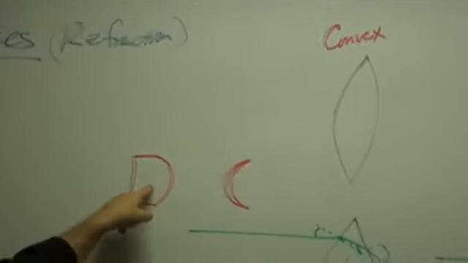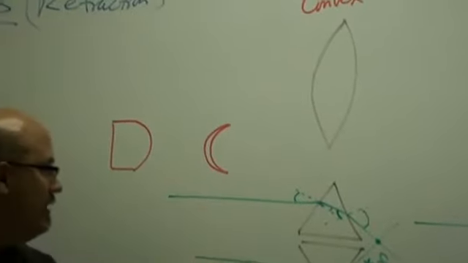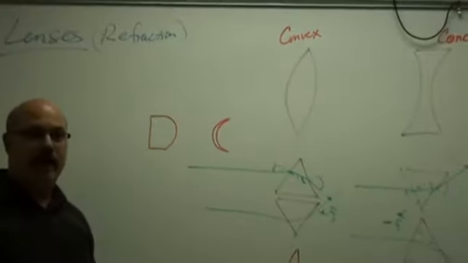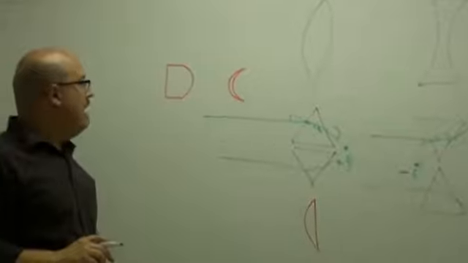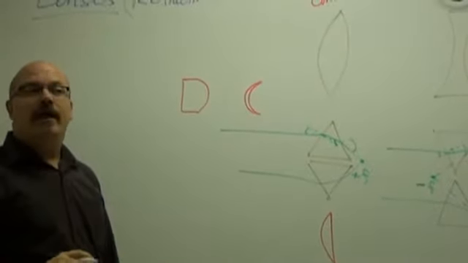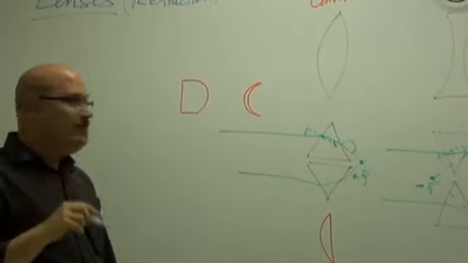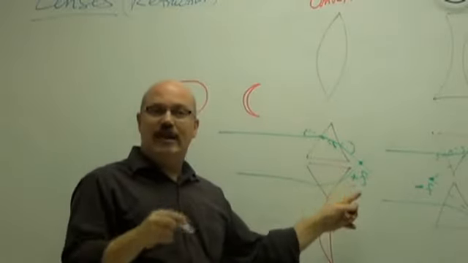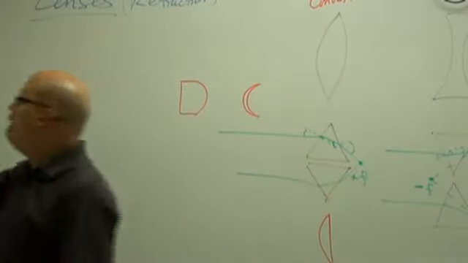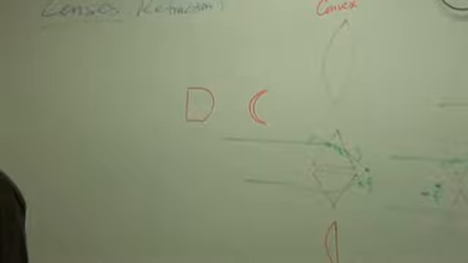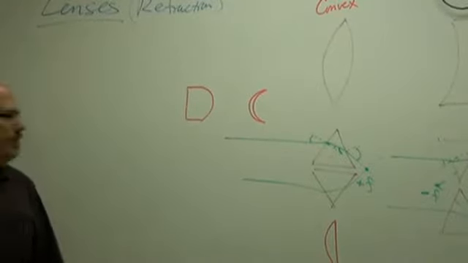But in each case, do you see that they're fat in the middle and skinny on the edges, right? And so they're all going to have a focal point. Now that's one way to change the focal length of a lens, is to change its shape. That's how you change the focal length of a mirror, by changing its curvature or its shape.